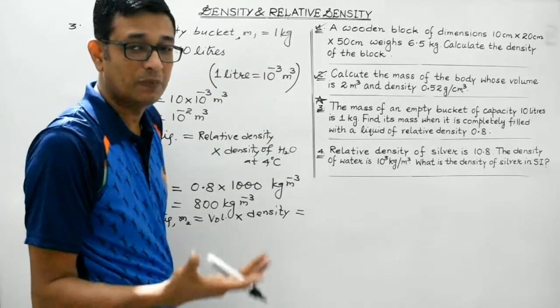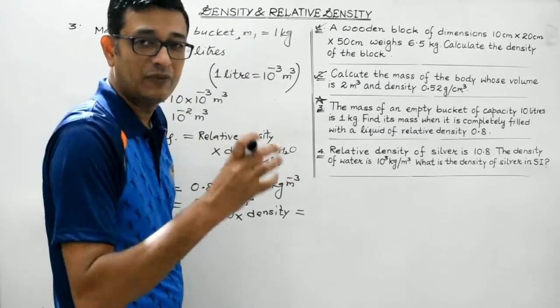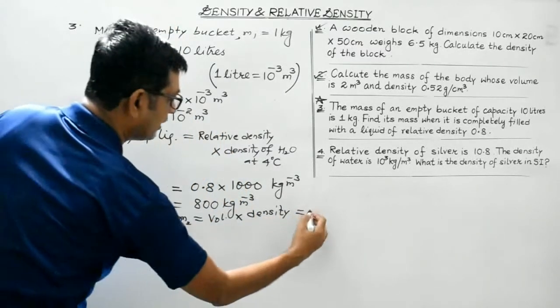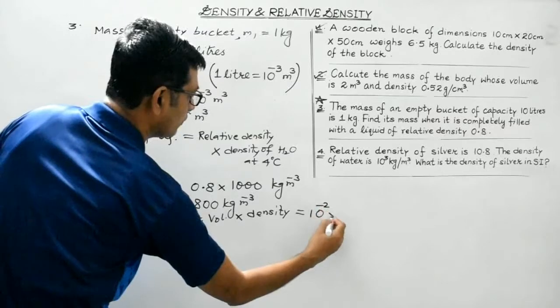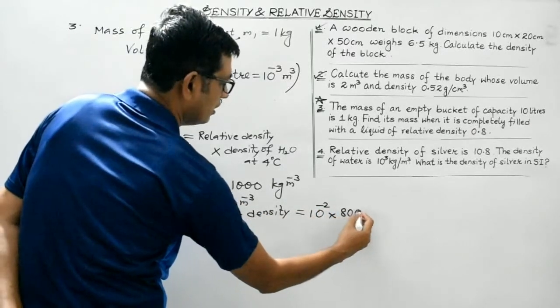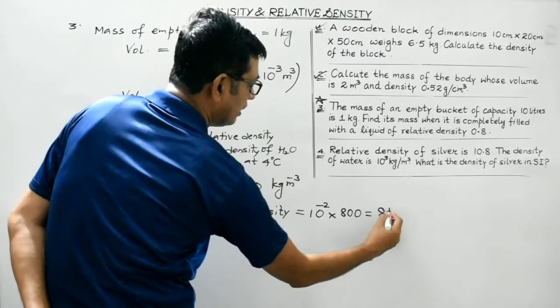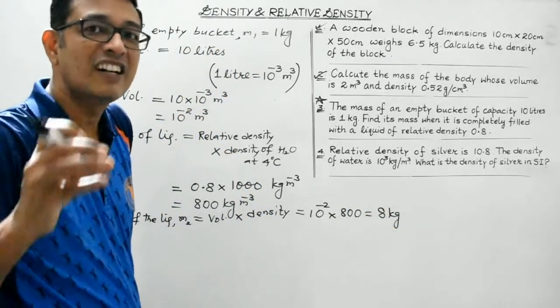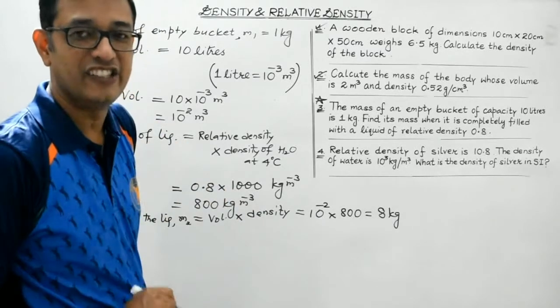Whatever is the capacity of the bucket, the same would be the volume of the liquid stored inside the bucket, right? So, it is 10 raised to power minus 2. What is the density of the liquid? It is 800. So, it will be 8 kg. So, mass of the liquid contained in the bucket is 8 kg.